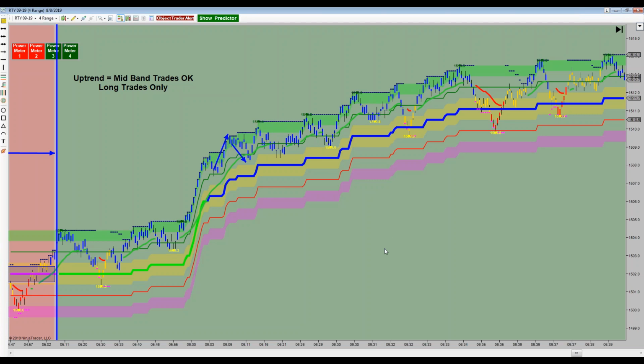Why are they doing that? Why do markets do this all day and all night long? What's going on here when you get a trend? Push, retracement, thrust, pullback. What's going on here?